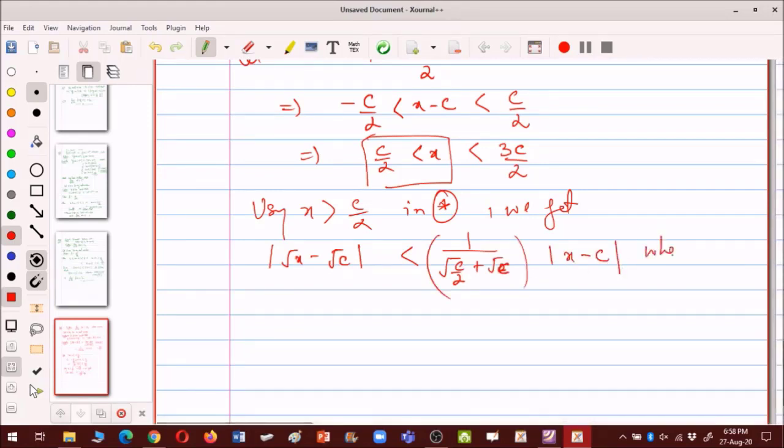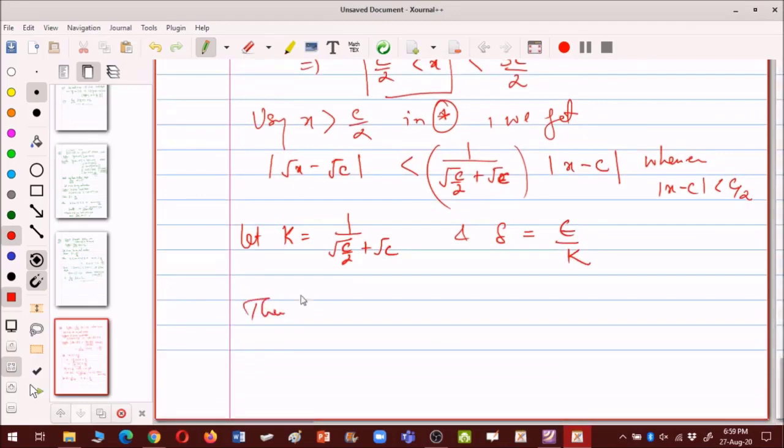This is true whenever x minus c is less than c by 2. Now let k equal to 1 by root c by 2 plus root c, and delta equal to epsilon by k.